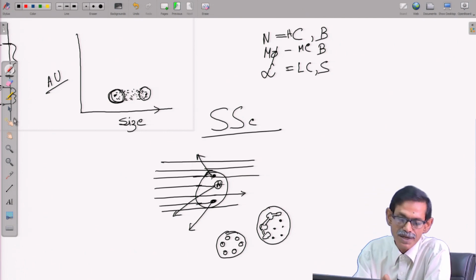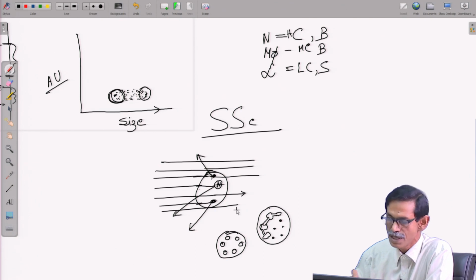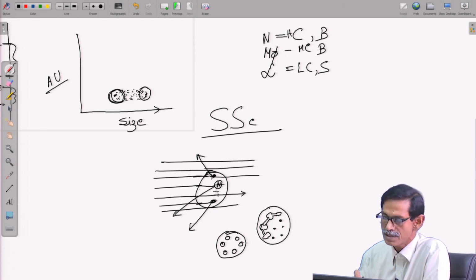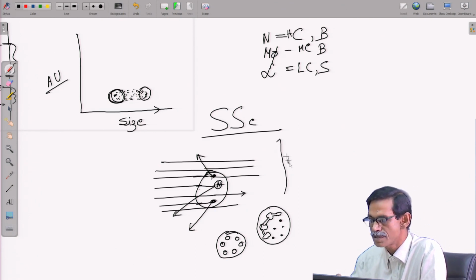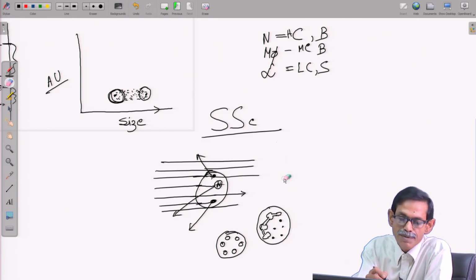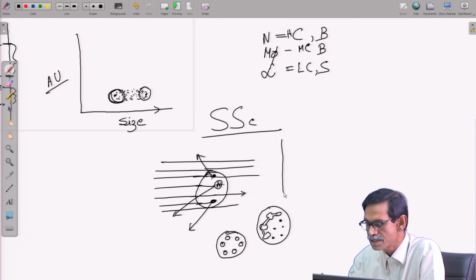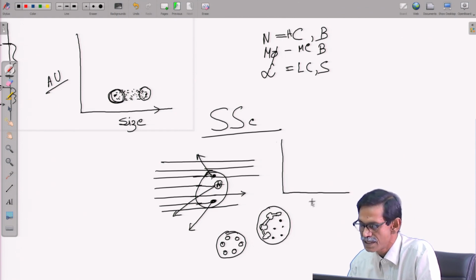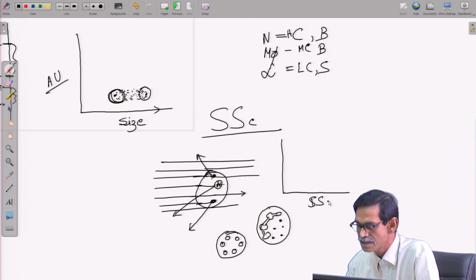Now, if I make a plot according to this, I am coming back to this side scattering. This is the complexity or granularity. So, this is side scattering. Side scattering increasing means complexity is increasing.